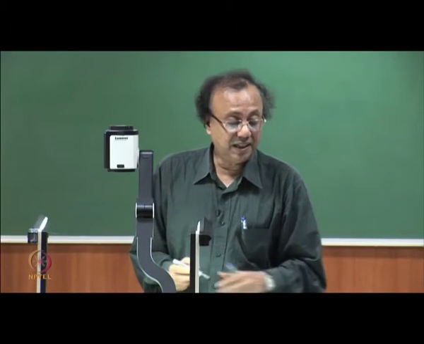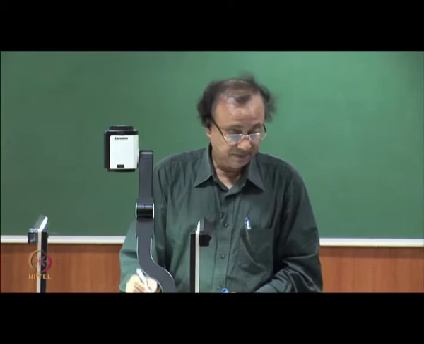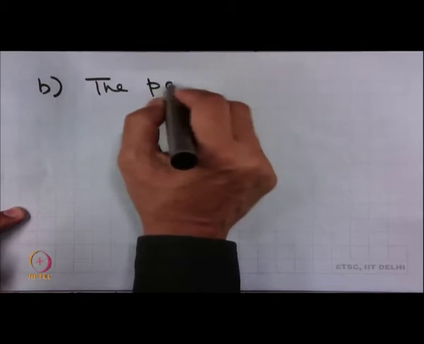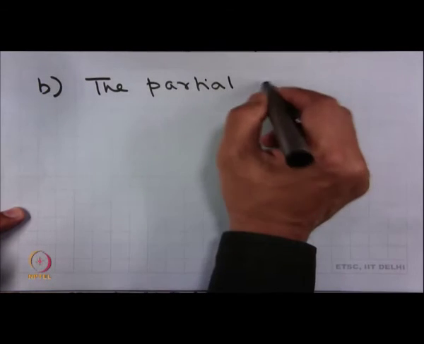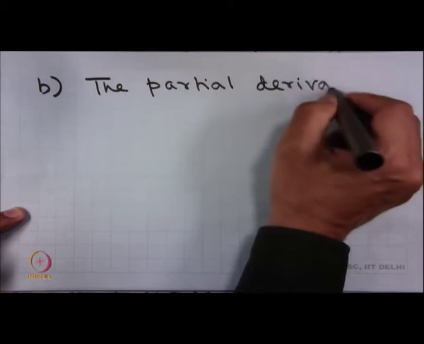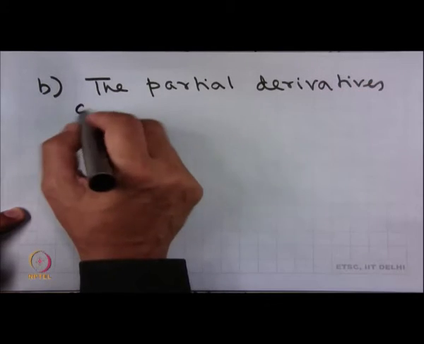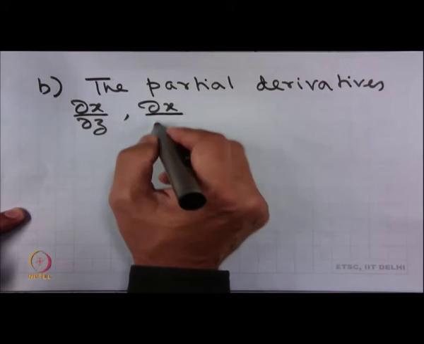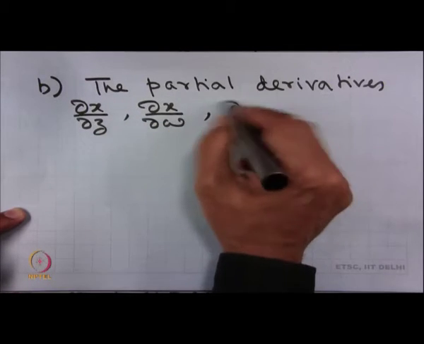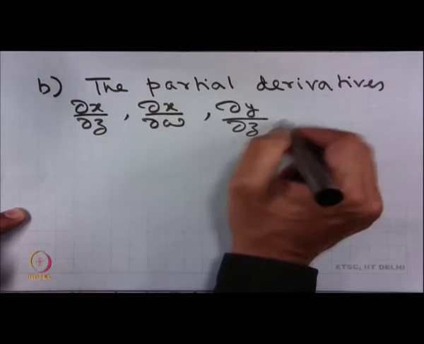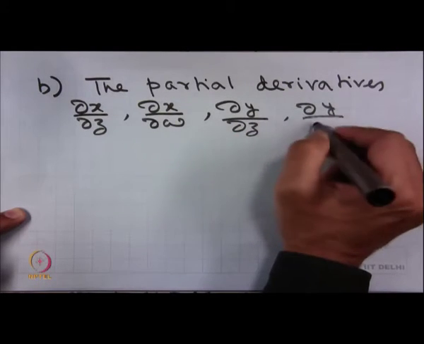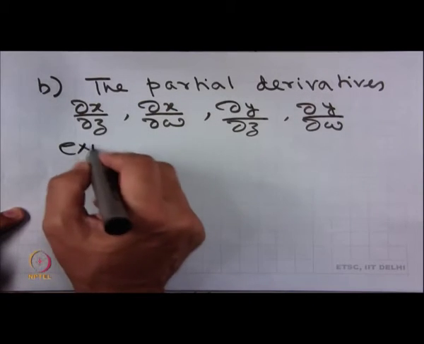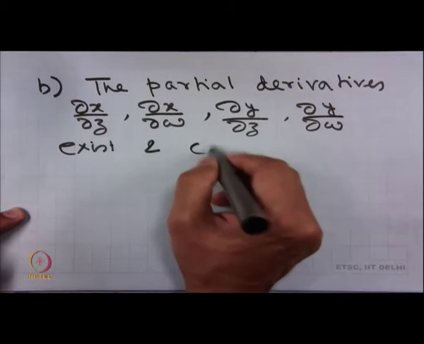Also, another condition is that the partial derivatives del x, del z, del x, del w, del y, del z, del y, del w exist and continuous.